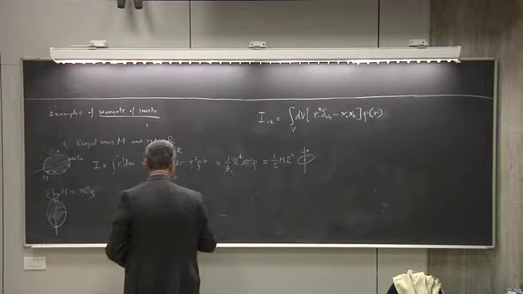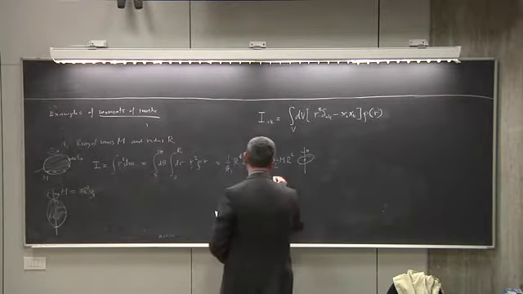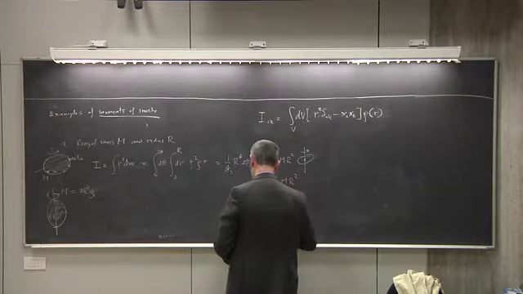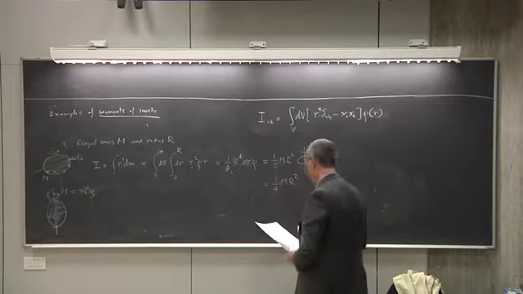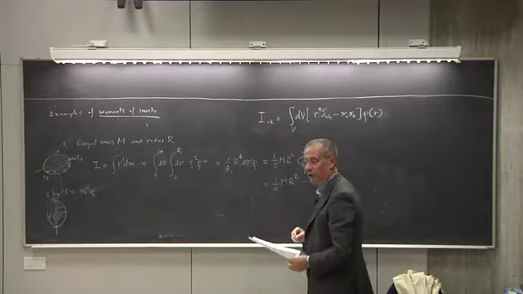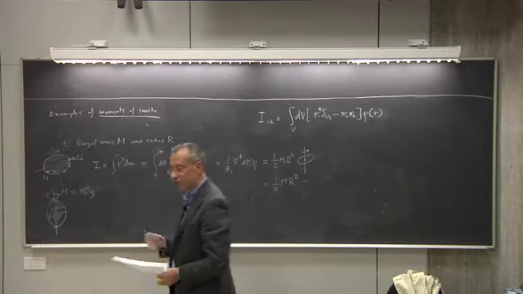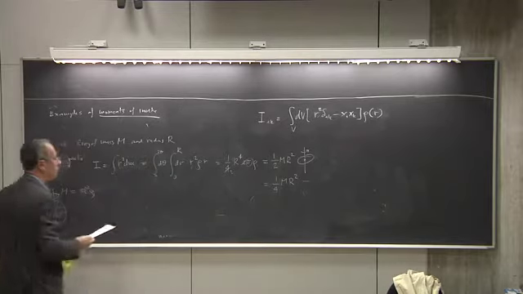And what I get is 1/4 of this. I'm sorry, 1/2 of this. So this I leave as an exercise. So again, there is this 1/2. It's just that everything is 1/2 of what it was before.